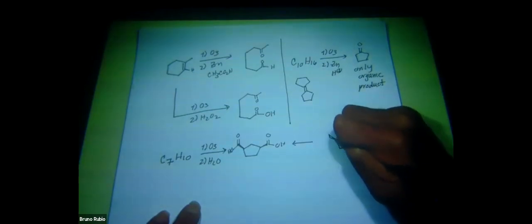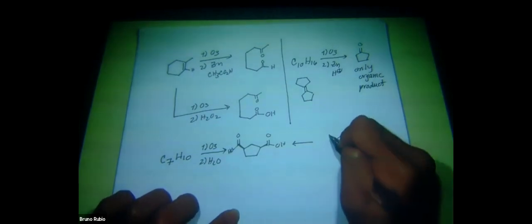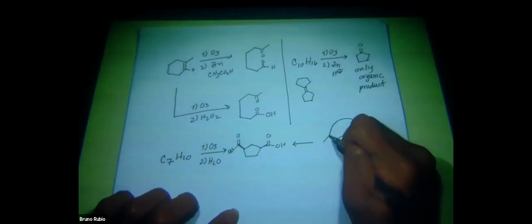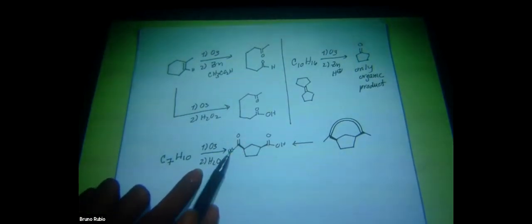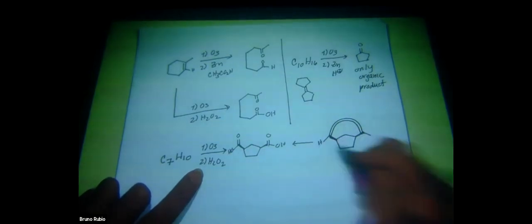It takes a carbon-carbon double bond and breaks it apart into two carbon-oxygen double bonds. So these two carbons here, where the carbon-oxygen double bond is, they used to be bonded together. H2O2, sorry about that. And this OH group, there must have been an alkene hydrogen there, and there must have been an alkene hydrogen there.